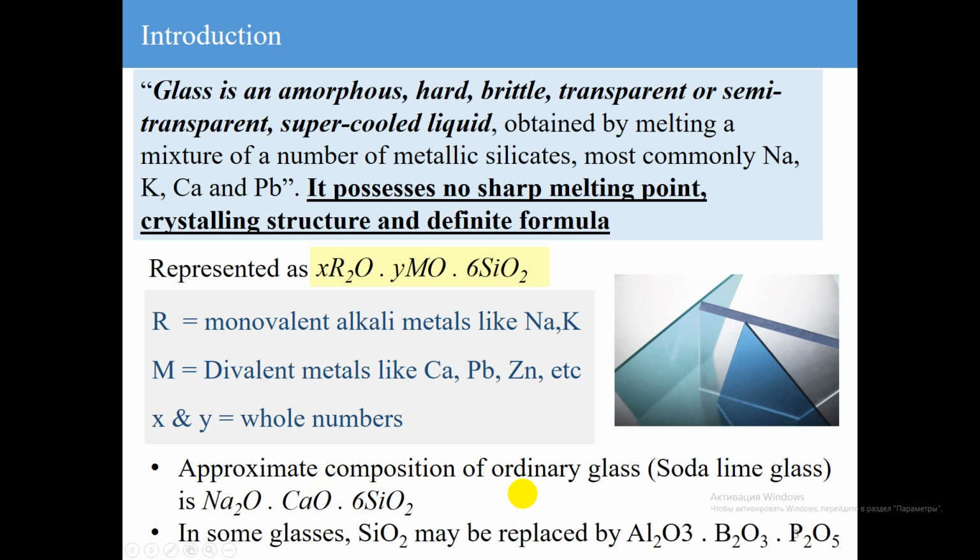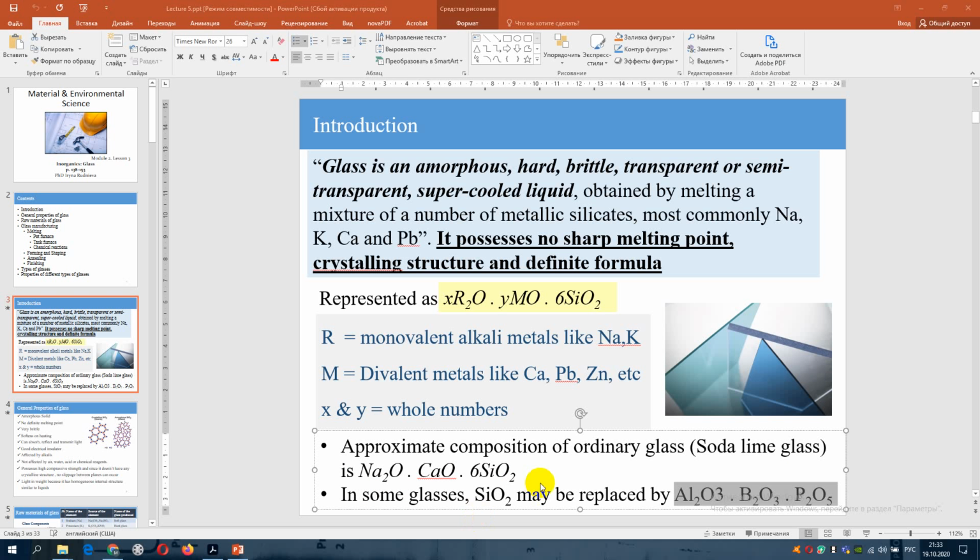In some glasses, silica may be replaced by aluminium 2 oxide 3, boron 2 oxide 3, phosphorus 2 oxide 5.